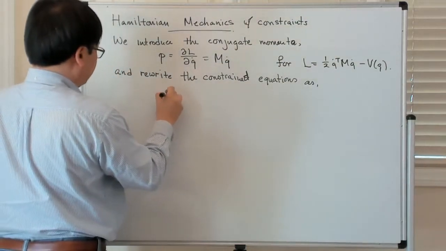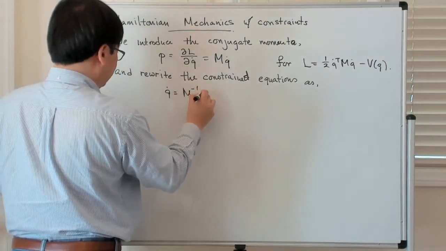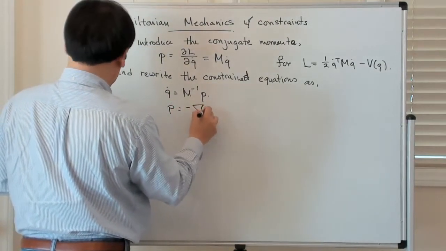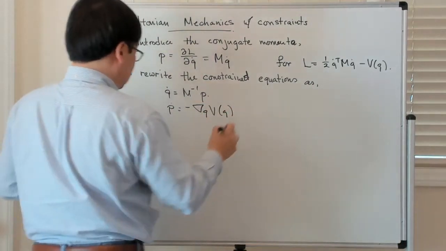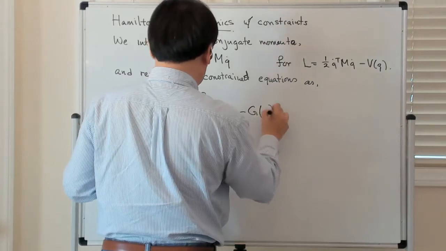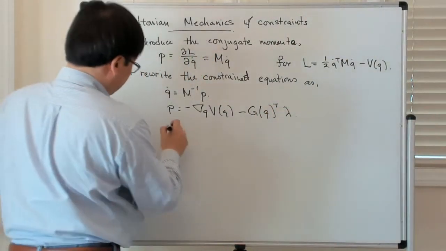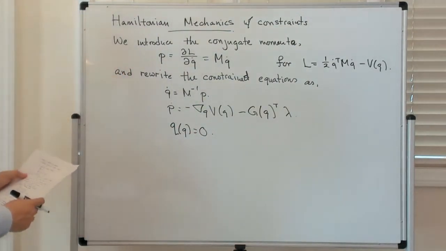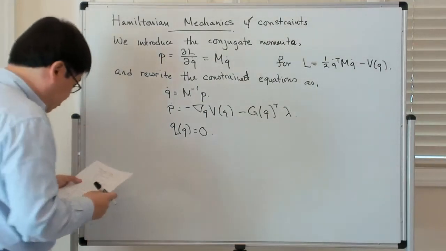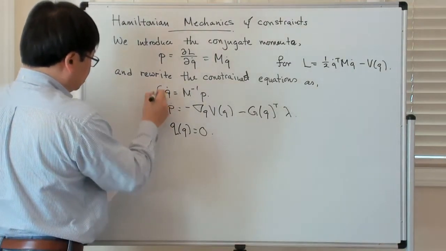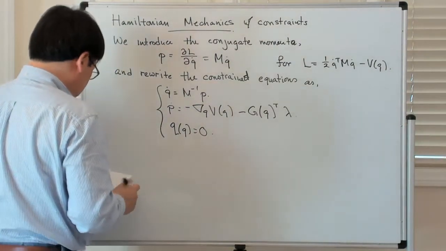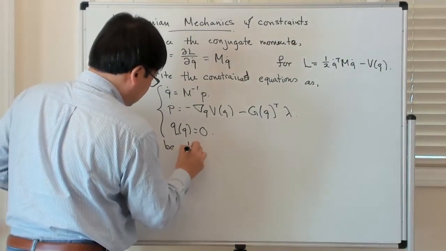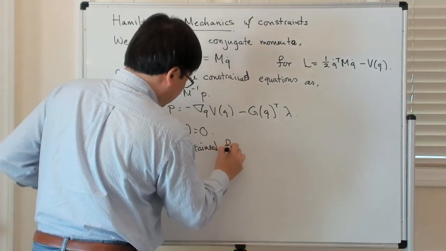You have q dot equal to M inverse p, and then p dot is equal to negative the gradient of the potential minus this multiplier term, subject to the constraint that q is on the constraint manifold, which I denoted by script M. And you can derive these equations from an augmented Hamiltonian.